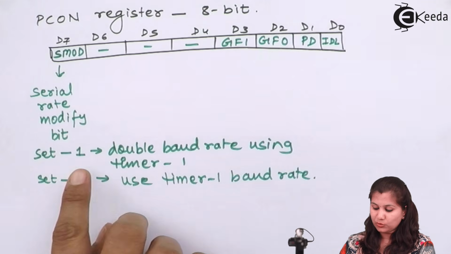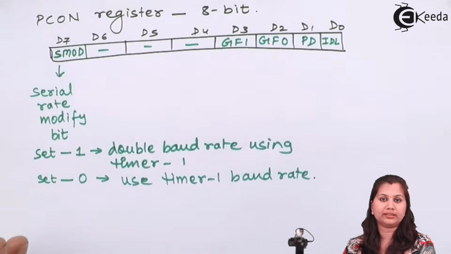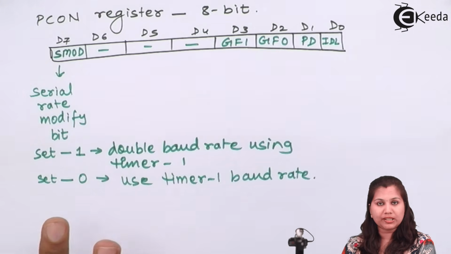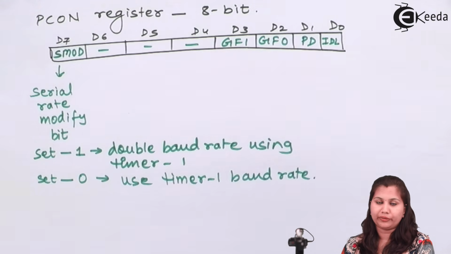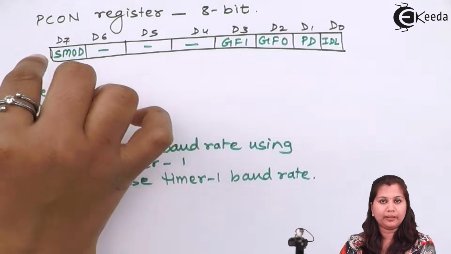When this bit is 1, the baud rate will be double the baud rate using timer 1 in modes 1, 2 and 3. Whereas when this bit is set to 0, the baud rate will be equal to the timer 1 baud rate. So this is how the baud rate is selected using the SMOD bit.